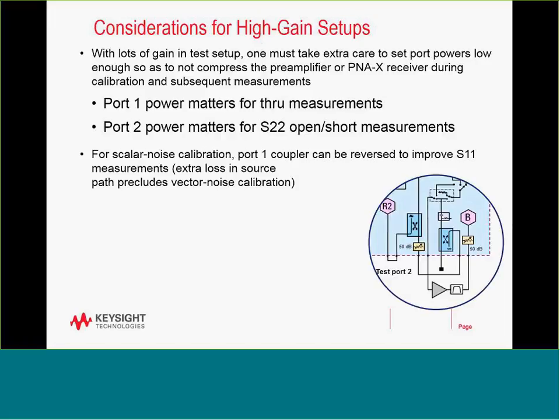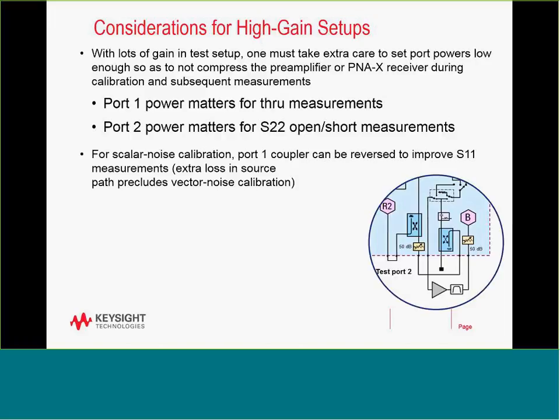The S22 power also matters. If we have an amplifier, like in this case here, but we reduce the total power being transmitted back into the device at the S22, if there's a lot of noise on that S22 measurement, it will show up as noise ripple in the S21 measurement.